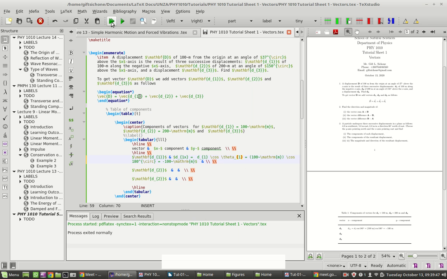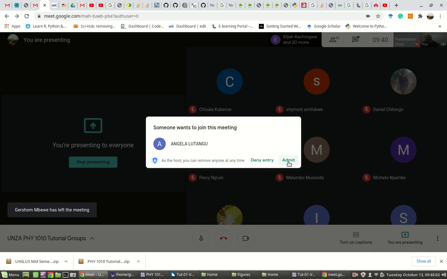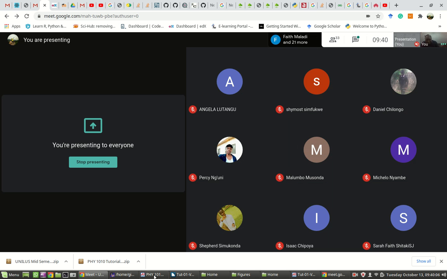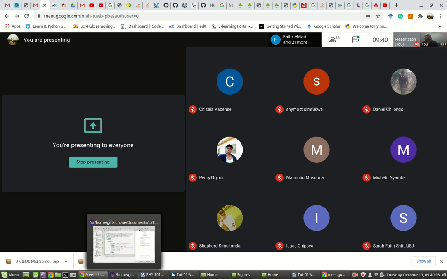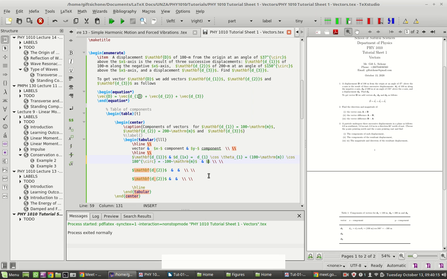In this case the angle which d1 makes is 180. The size of d1 is 100 meters, the angle it makes is 180, and when you multiply those things, we get our d1x as minus 100 meters.